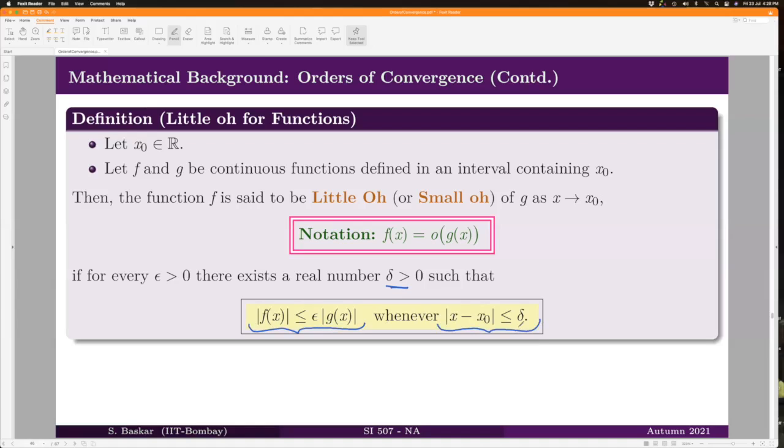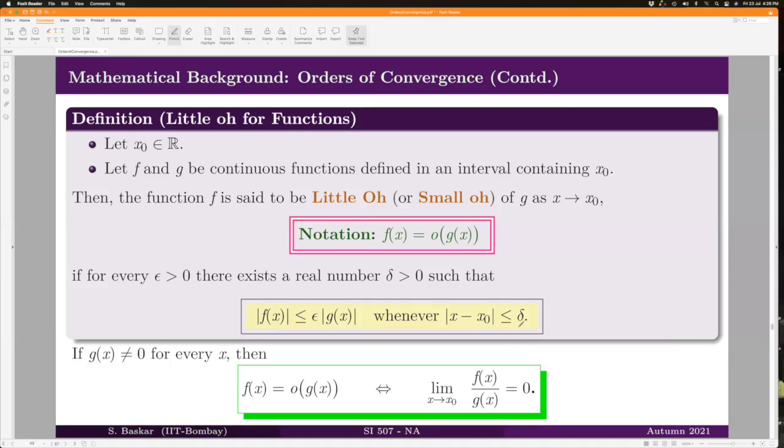Again, from our discussion on little o for sequences, whenever g of x is not equal to 0 for every x, the little o notation is equivalent to saying that the function f of x divided by g of x tends to 0 as x tends to x0.